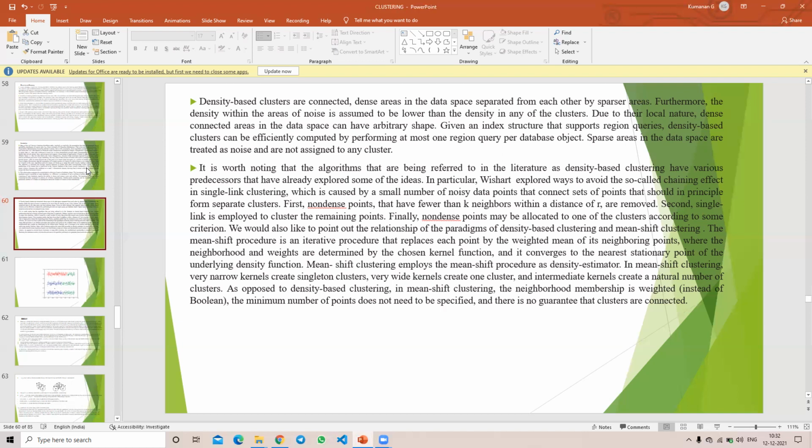As opposed to density-based clustering, in mean shift clustering the neighborhood membership is weighted instead of Boolean. The minimum number of points does not need to be specified, and there is no guarantee that clusters are connected.